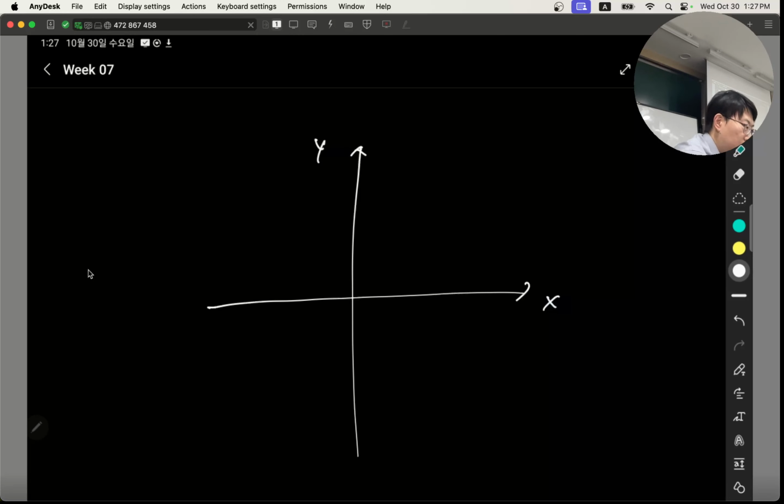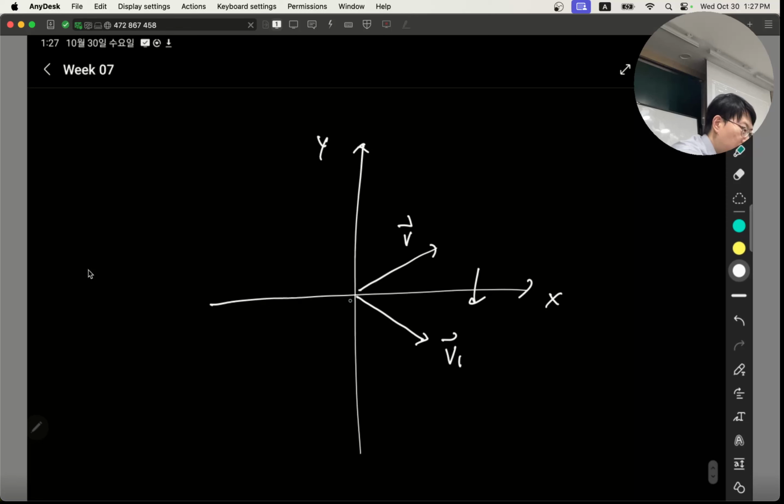So here x and y. I have a vector. If I reflect around the x-axis, then I have this, that's my v1. And then when I reflect around y, what happens?